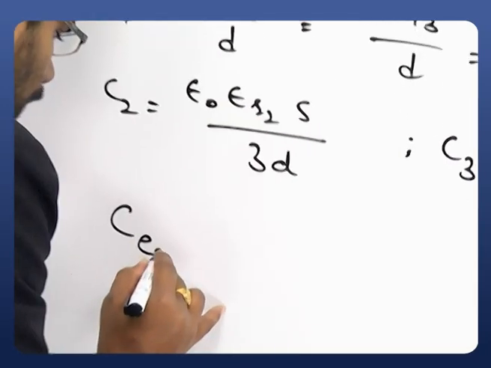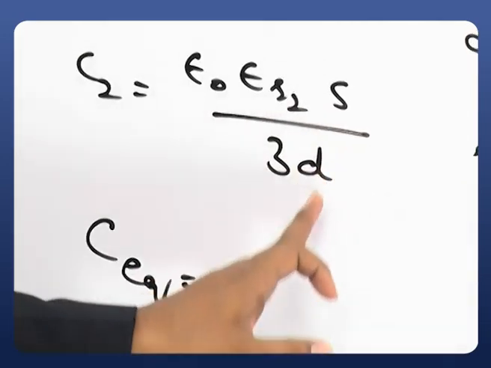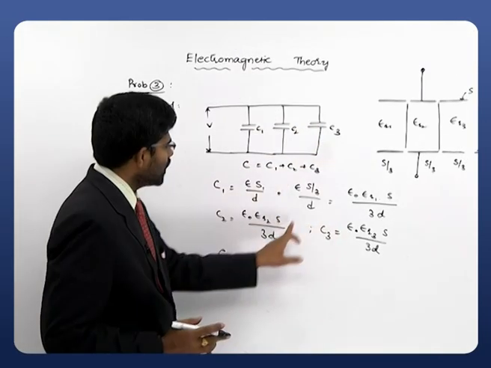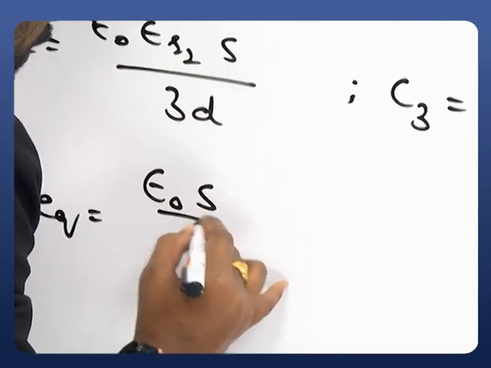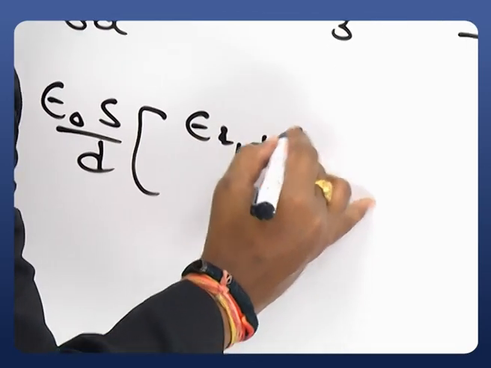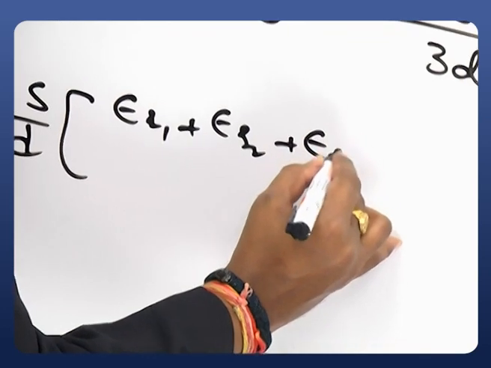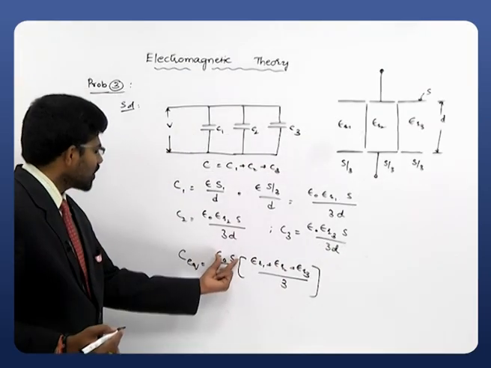Therefore, C equivalent equals, taking epsilon naught S by D common in all the equations, epsilon naught S by D times the remaining parameters: epsilon R1 plus epsilon R2 plus epsilon R3, divided by 3. What is epsilon naught S by D?